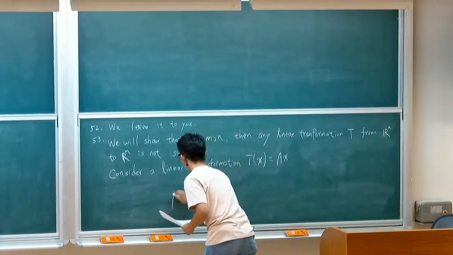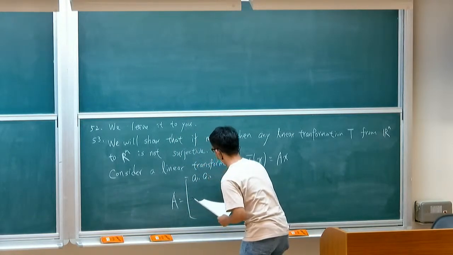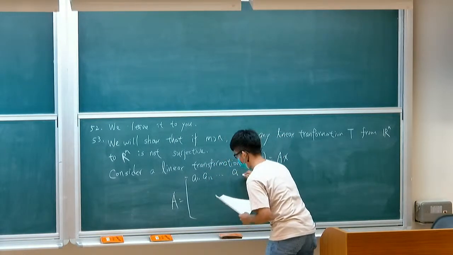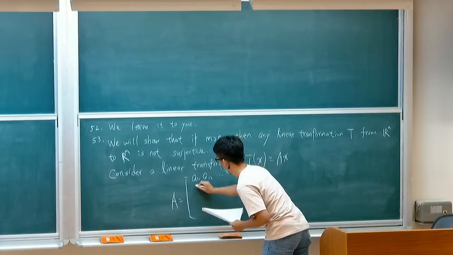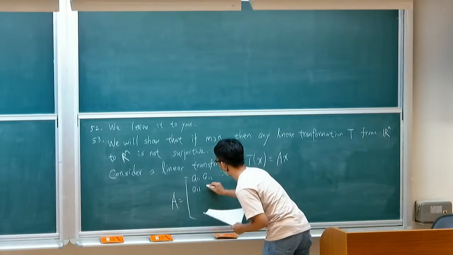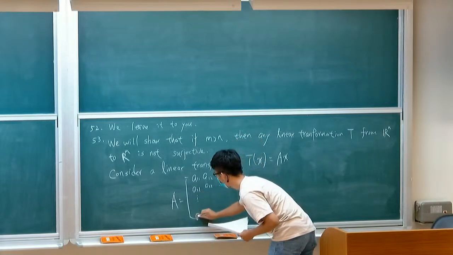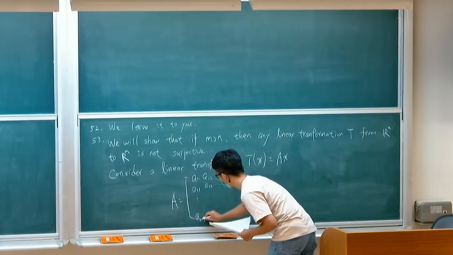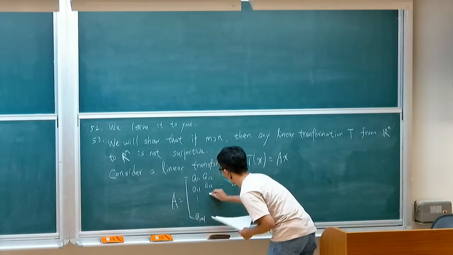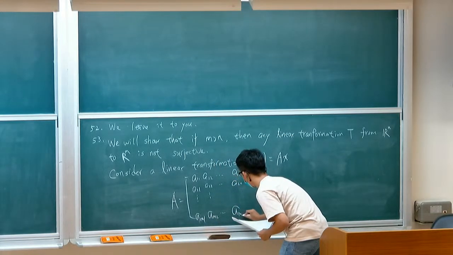So we can write A as A11, A12, ..., A1n; A21, A22, ..., A2n; ...; Am1, Am2, ..., Amn.